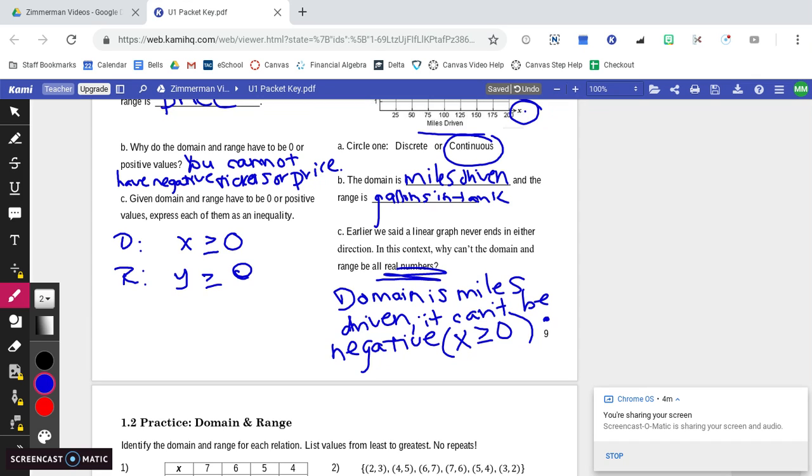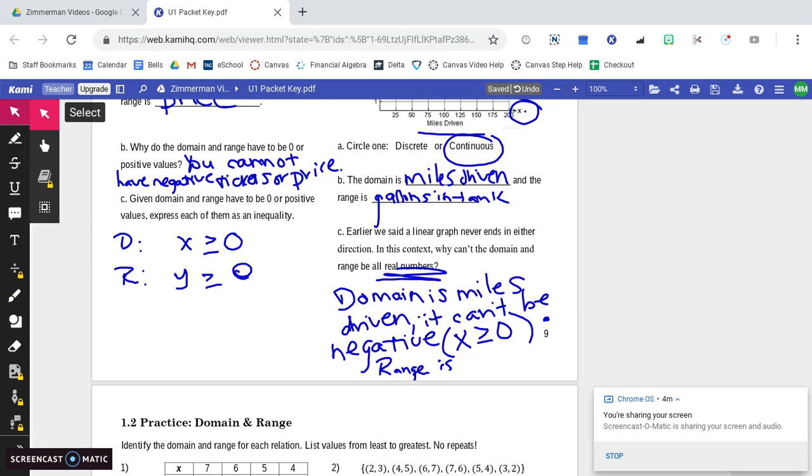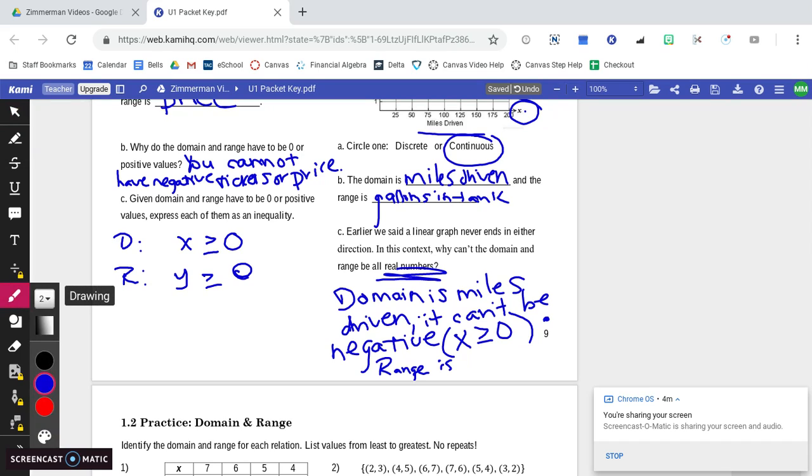And then for range, we said the range is gallons in the tank, which also cannot be negative.